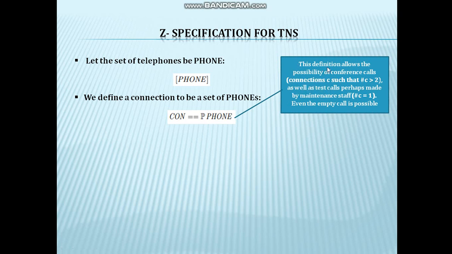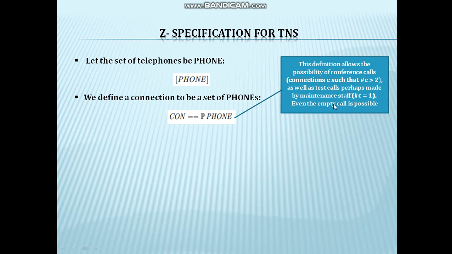Now this definition allows the possibility of conference calls in which more than two phones are connected. Suppose we take a connection C such that the number of phones is greater than 2, for a conference call. It could be a test call.